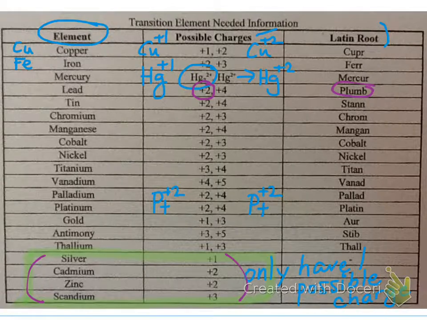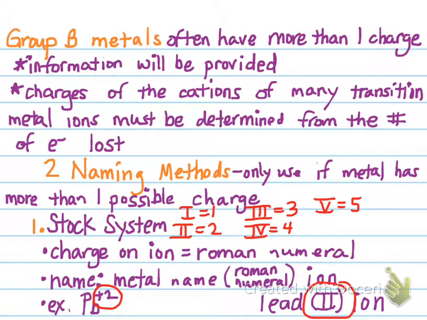I want you to write the formula, which is what we were doing when we wrote it as Pb plus 2. Okay, that's what I mean by write the formula. And name these ions. And again, if they have more than one possible name, you should name them twice.